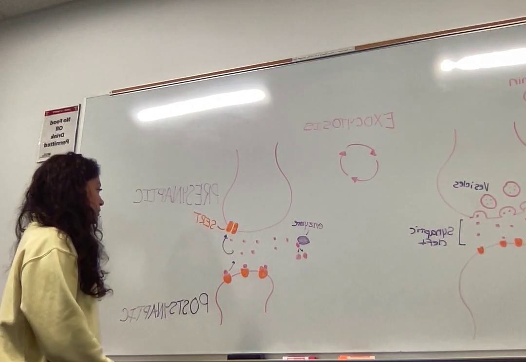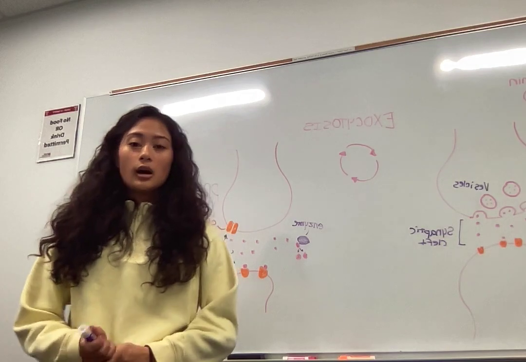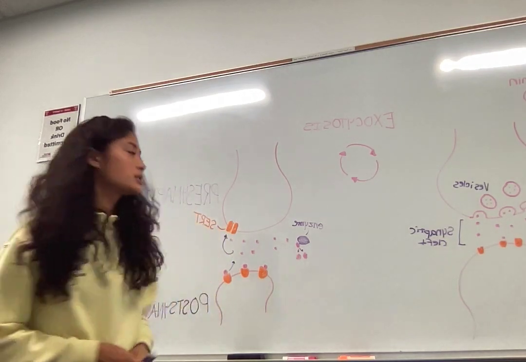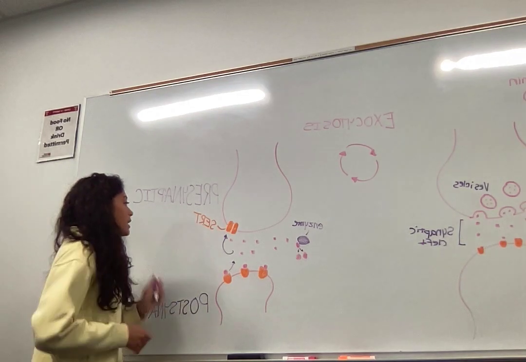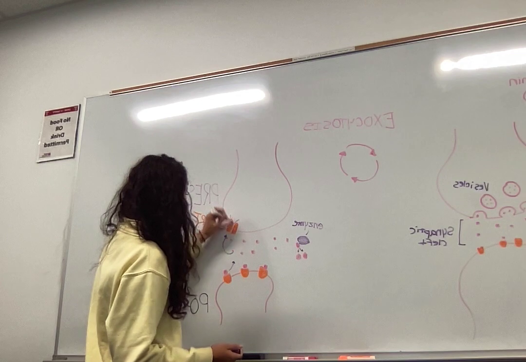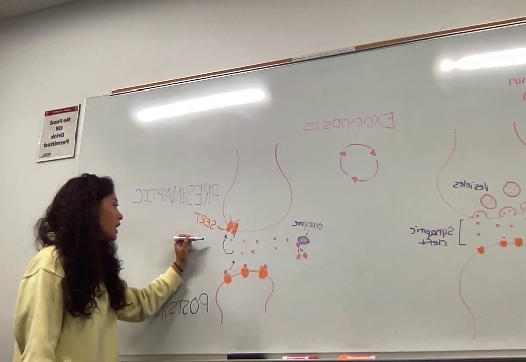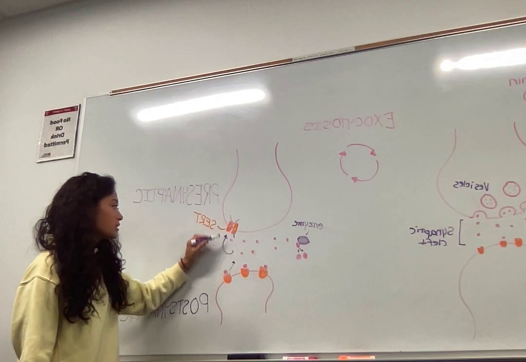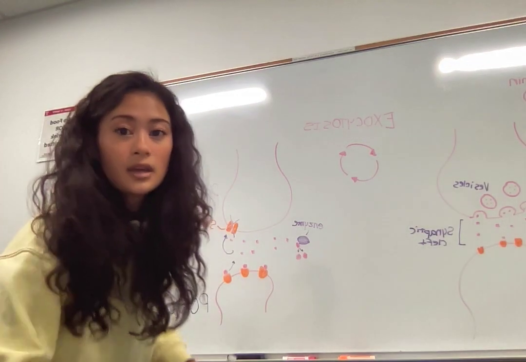In terms of selective serotonin reuptake inhibitors, what they do is block this reuptake stage. In other words, they inhibit the serotonin reuptake transporters' ability to take serotonin back into the presynaptic neuron.